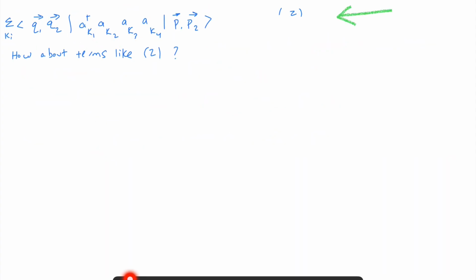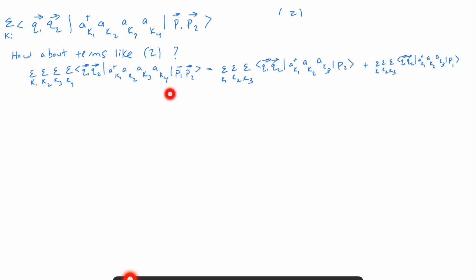Here's another term that I showed before when I did that binomial expansion that has one thing daggered and the other 3 next to it non-daggered. What about that? Just for practice, we can look and see what happens here. We hit this a_k4 over here. Again, there's a sum over all these ks, and that can only be non-zero if k4 equals p1 or p2. Let's just suppose it equals p1, so that kills this state.